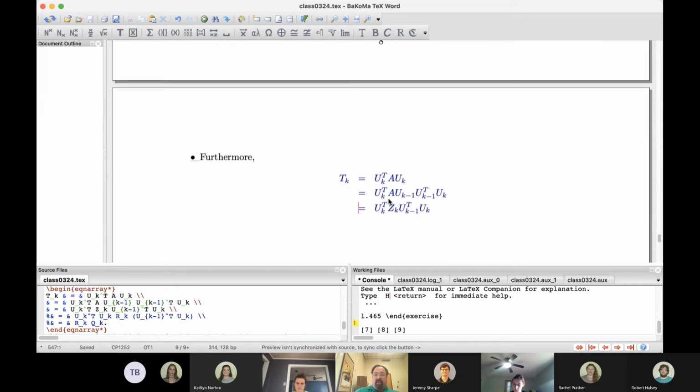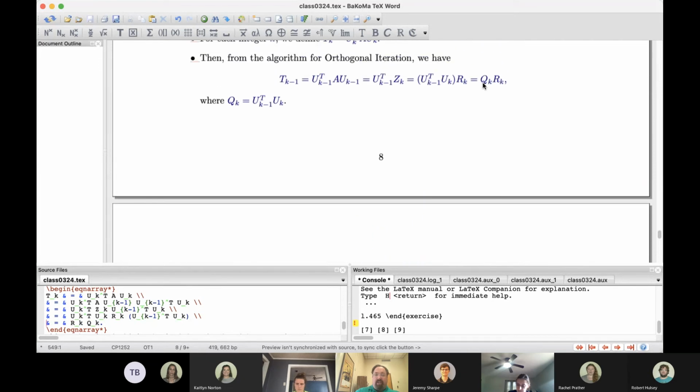Okay. Now A U_{k-1} is Z_k from the algorithm. Z_k is U_k R_k, also from the algorithm. That's the QR factorization. This is identity. And this simplifies to R_k Q_k. So look at what we have here.